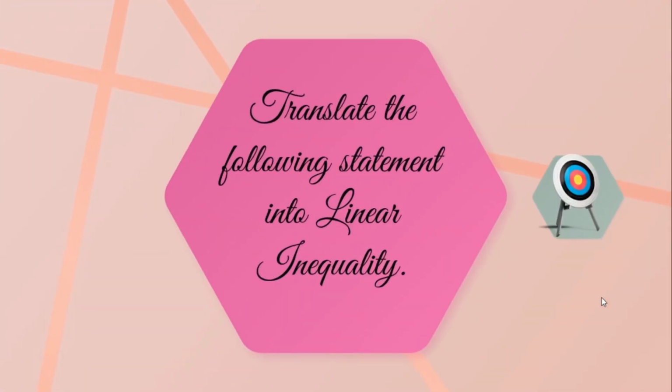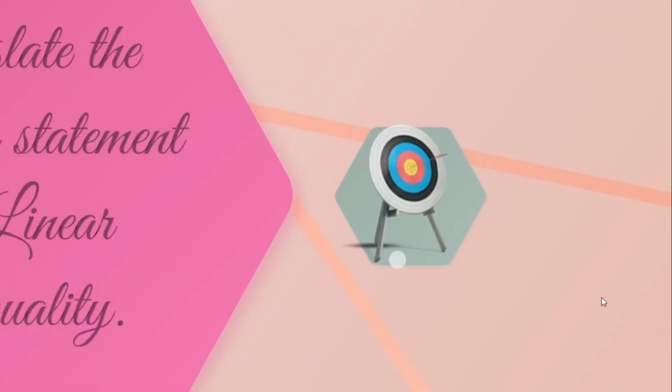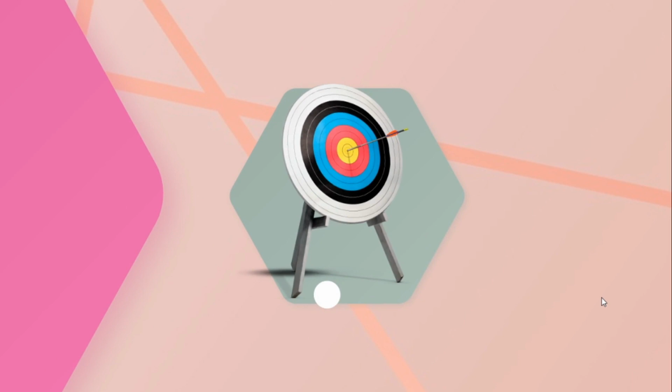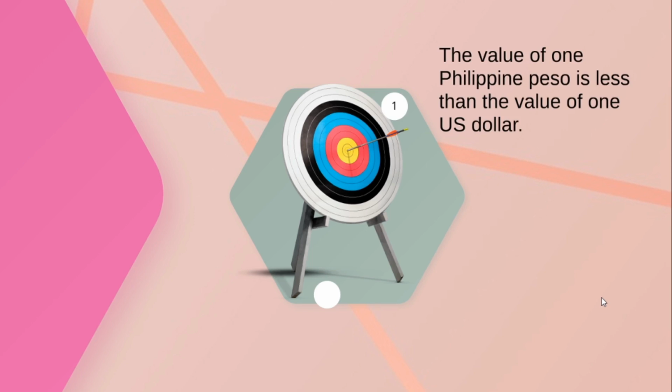Now, how about translating the following statement into a linear inequality? First, we have: the value of 1 Philippine peso is less than the value of 1 US dollar.